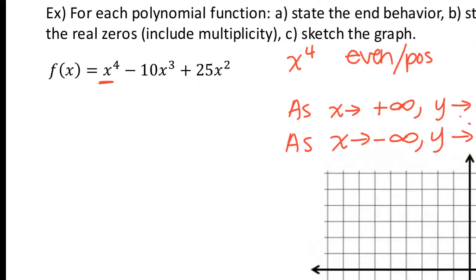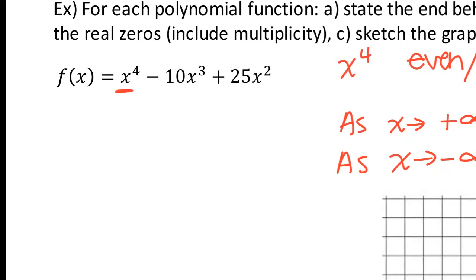Next, I need to factor. Notice for my function here, do they have a GCF? An x squared. I can divide everything by an x squared. So I'm going to put my x squared out front.